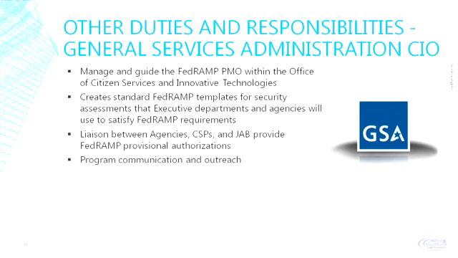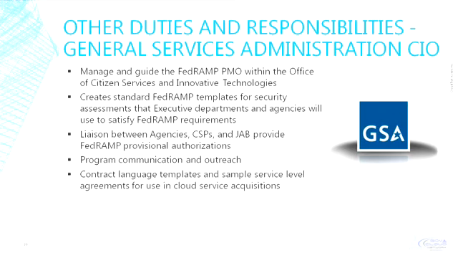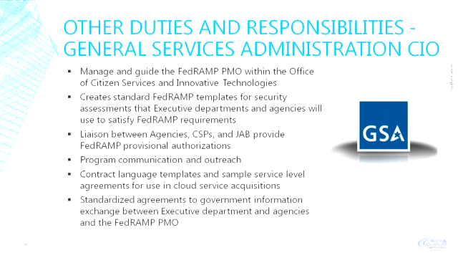They manage all program communication and outreach, provide contract language templates and sample service level agreements, and they standardize agreements to government information exchange between the executive departments and agencies and the FedRAMP PMO.